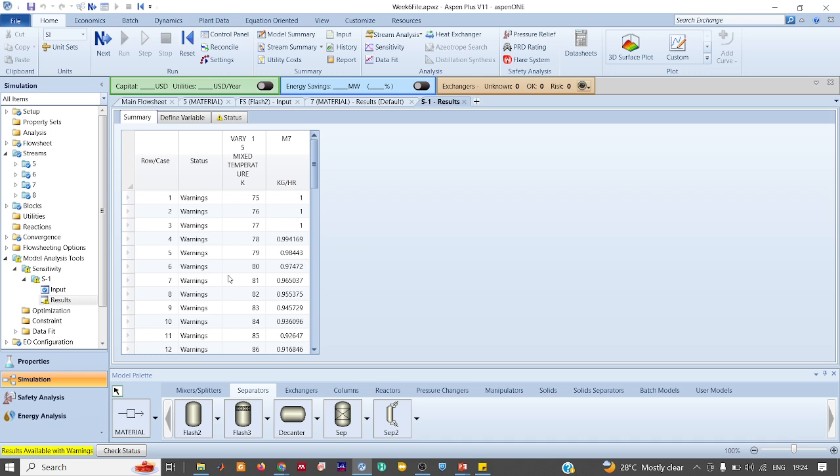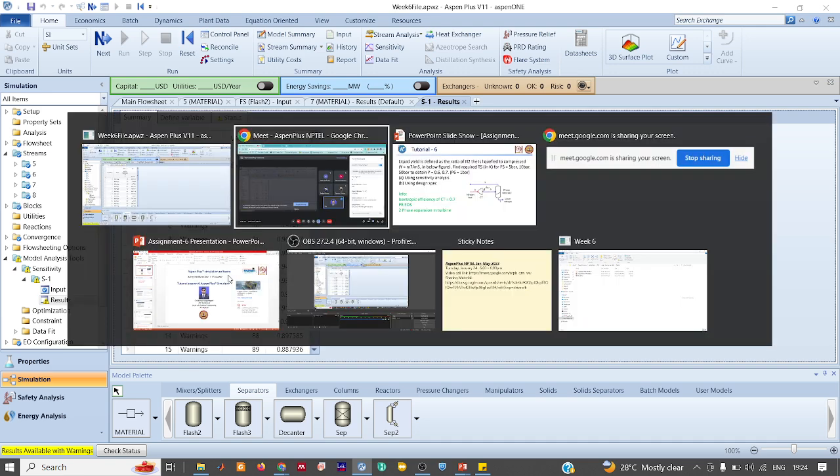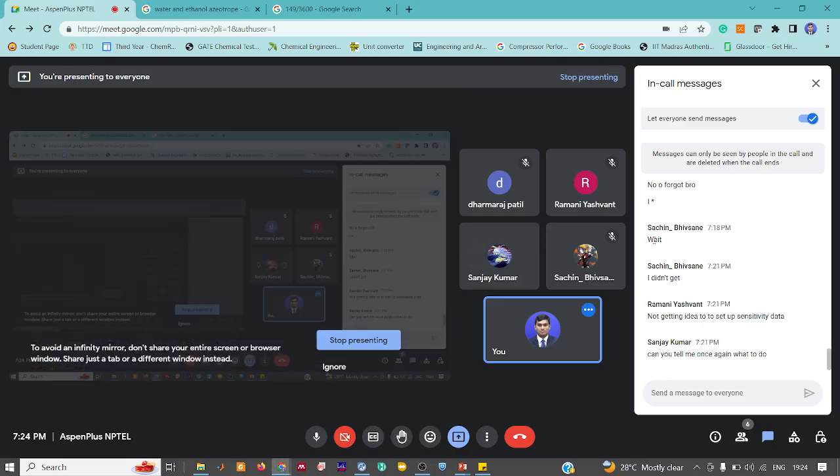See, for different temperatures, you have different flow rate of liquid nitrogen, right? So this is how you do the sensitivity analysis. Could you follow? Could you people follow? How did I do the sensitivity analysis? Okay. What about others? Yashwant, Sachin.